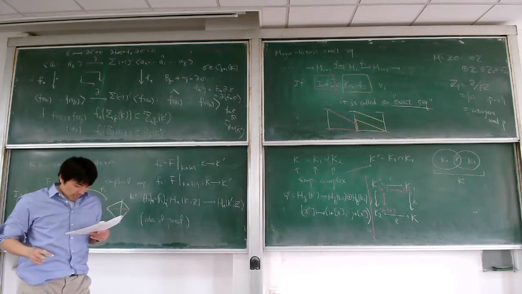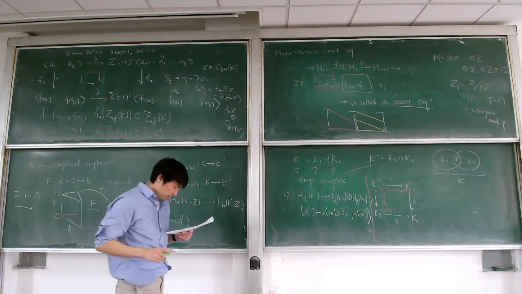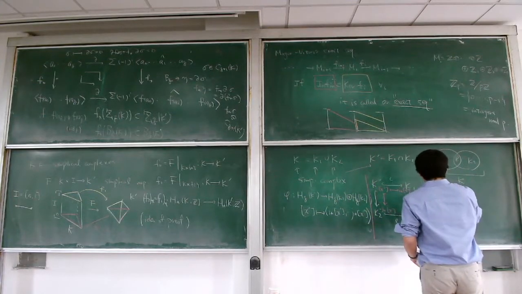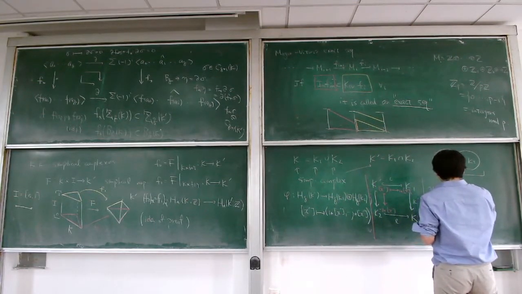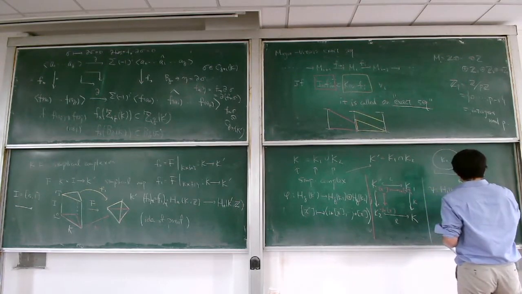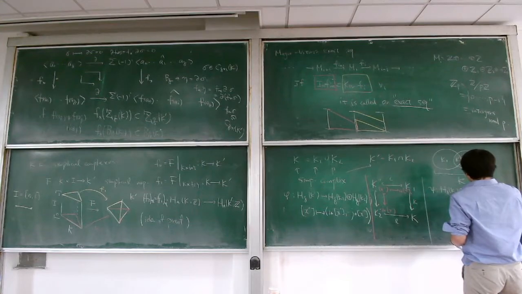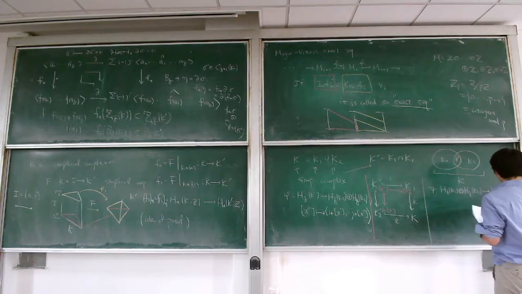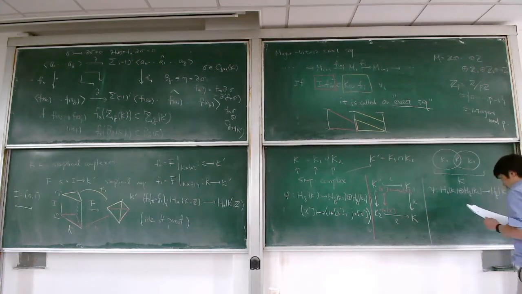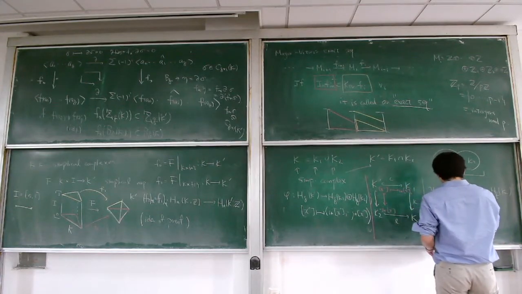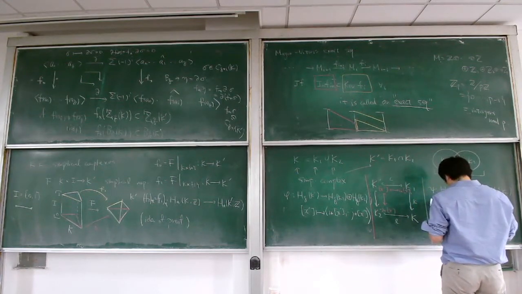And then we can construct another map psi, from H_q(K1) plus H_q(K2) to H_q(K), which maps x1, x2. It's a very simple map.